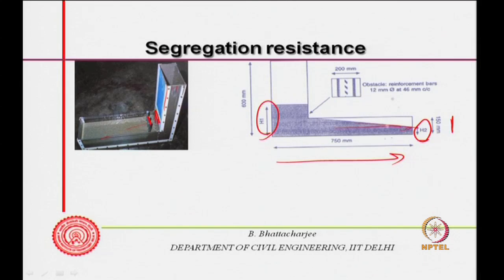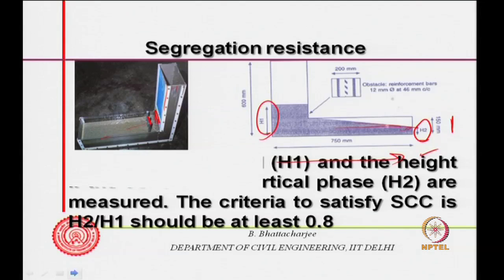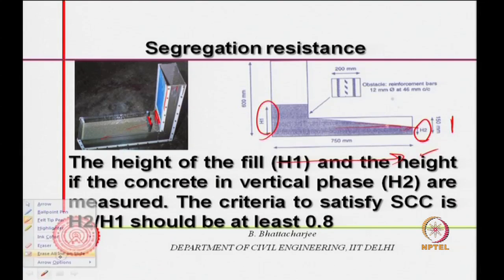Allow it to pass through, and if h 2 by h 1 equals 1, then it is perfectly self compacting. Water would make these two heights the same, but for self compacting concrete this should have a minimum ratio, and that ratio is 0.8.